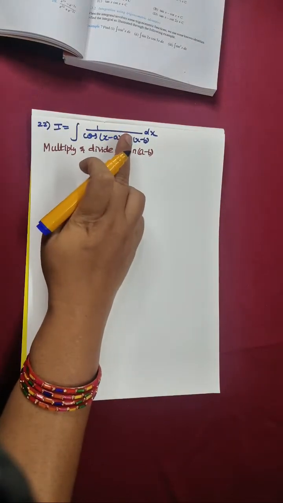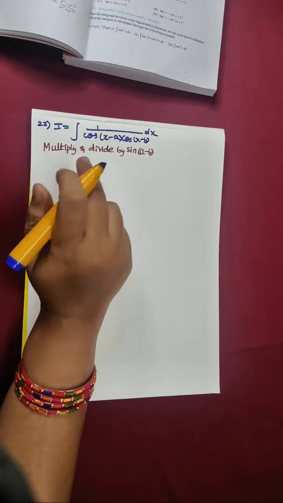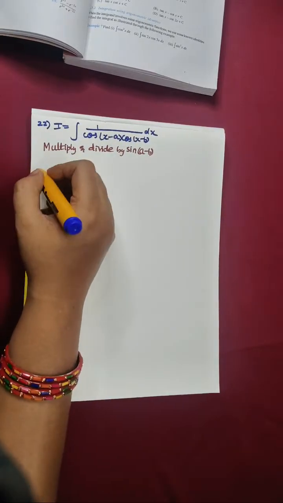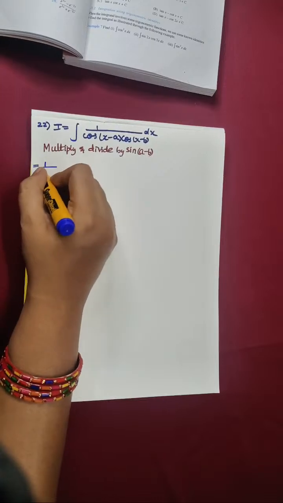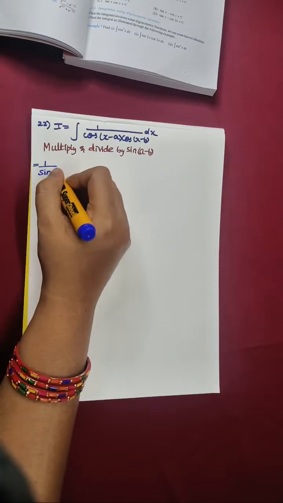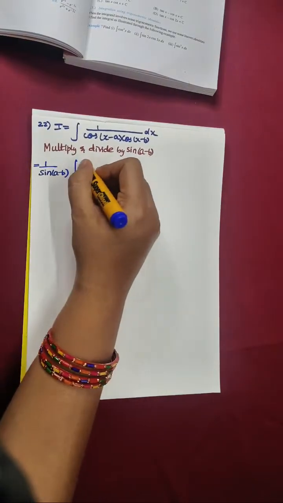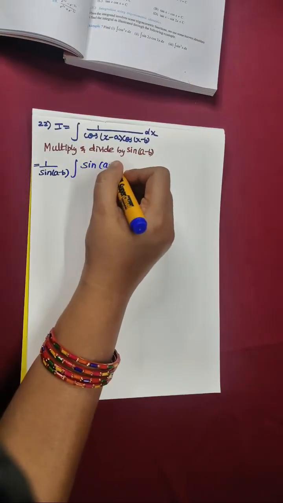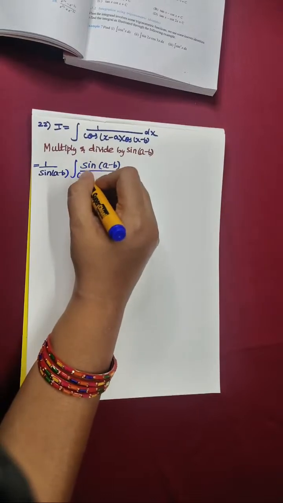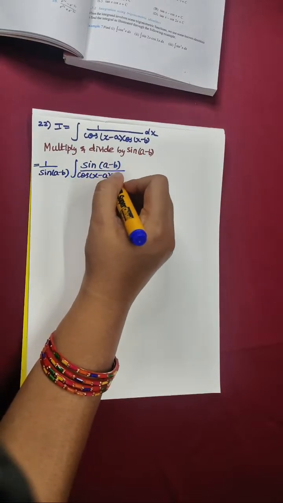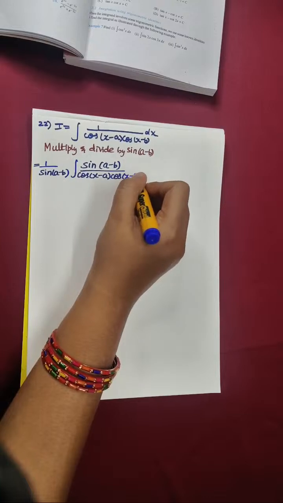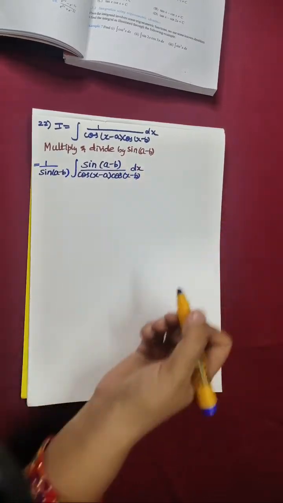So only the multiplication part we need, and the division part we take outside. So 1 by sine of a minus b into integral sine of a minus b the whole by cos of x minus a into cos of x minus b dx.